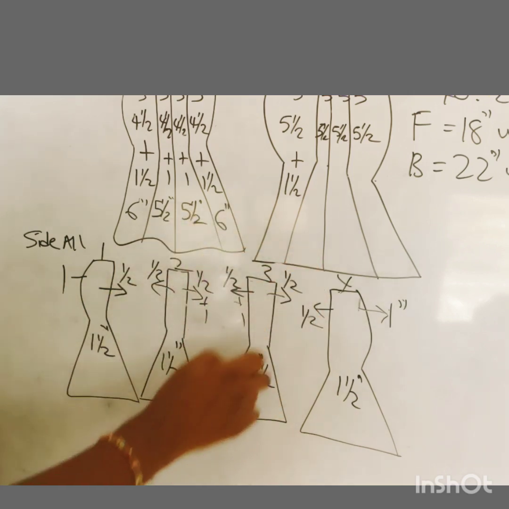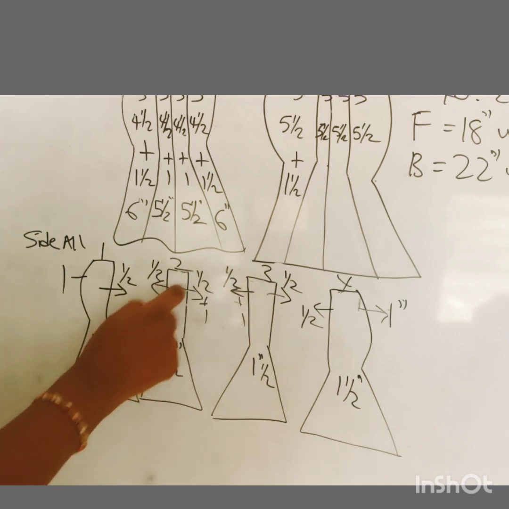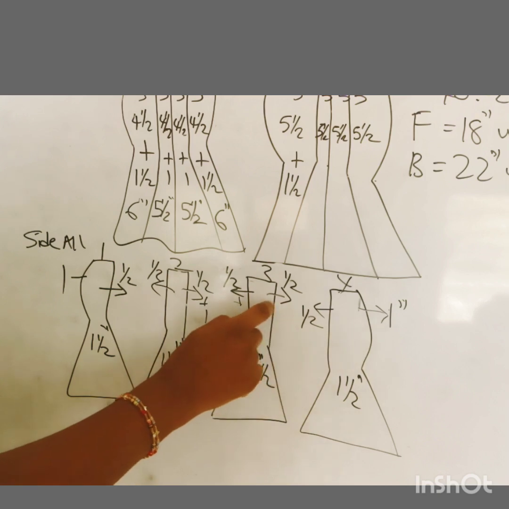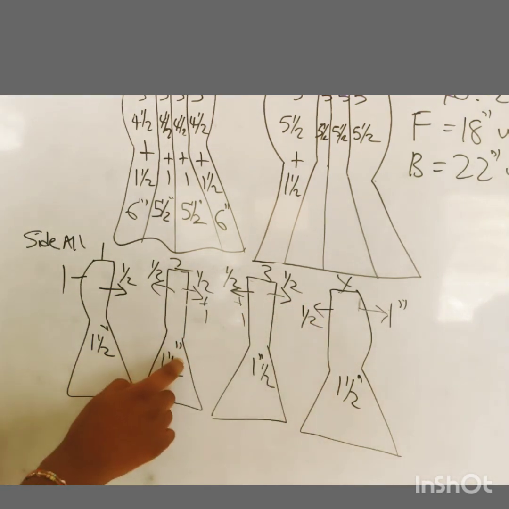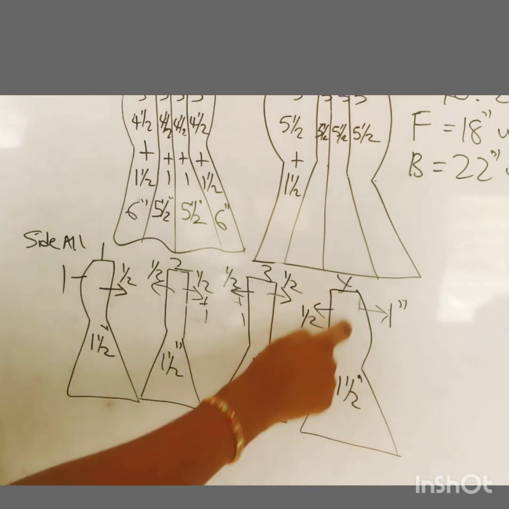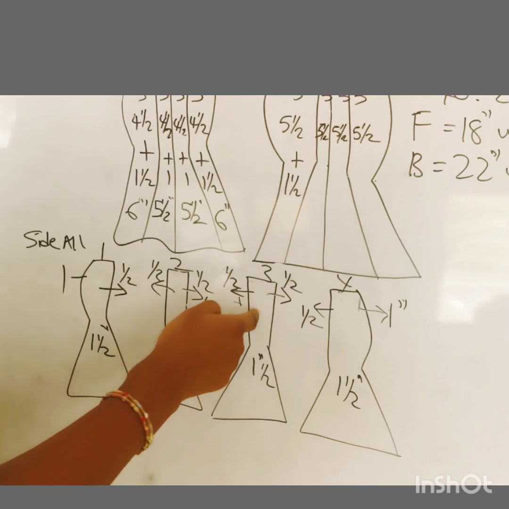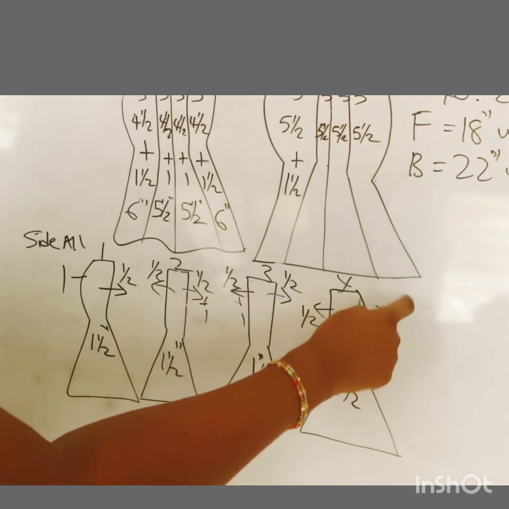We need 1.5 here because this, you are going to join 3 to 2, and there will be zip at the middle, and then you need half to join 3 to 4. So that is why this will be 1.5, 1.5. Then number 4, you need half to join 4 to 3, and then you need 1 inch for same allowance.